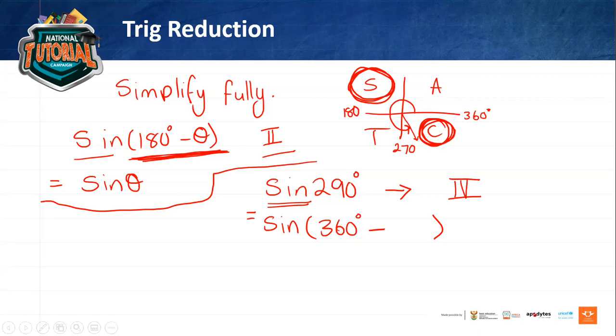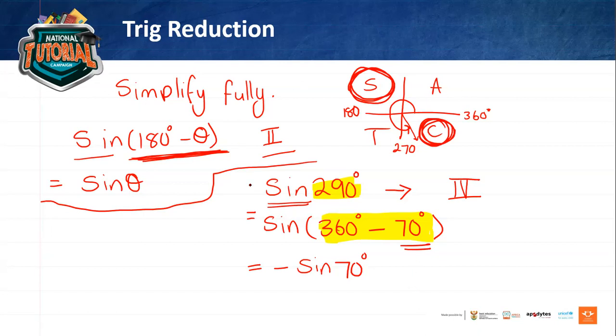So if we take our 290, we can work out that it's 360 degrees minus 70. That gives me exactly this 290 degrees that we're talking about. So we've rewritten 290 as 360 minus 70. And now we can use our reduction formulae. We know we're in quadrant 4. We know that means sine is negative. So we reduce it to negative sine of the acute angle that we worked out over here.